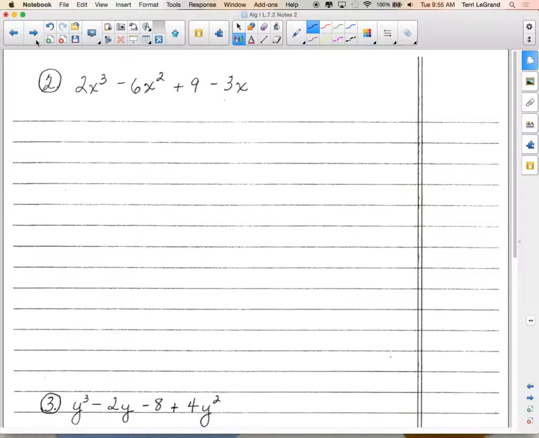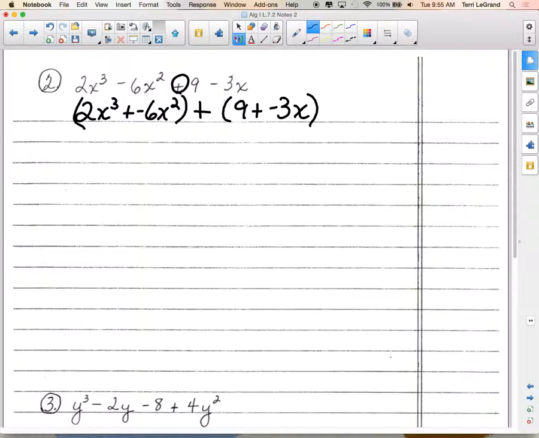What we want to do, though, is change those subtractions to add the opposite while we're making our groups. So again, you always want addition in the middle. If you don't have addition in the middle, that's where you're going to get yourself in trouble. Okay? So addition, and then 9 plus a negative 3x.